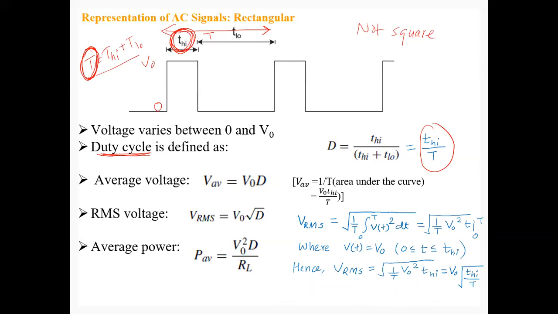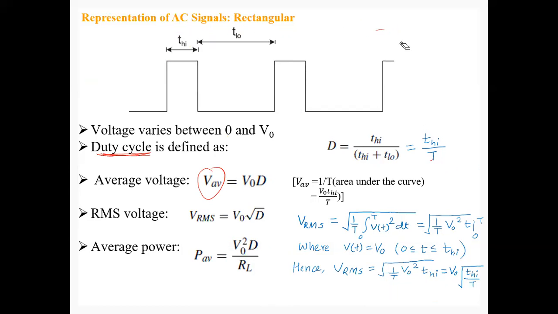T high divided by total time is called the duty cycle, and we represent that by D. So the average voltage in the case of rectangular is V0 D.